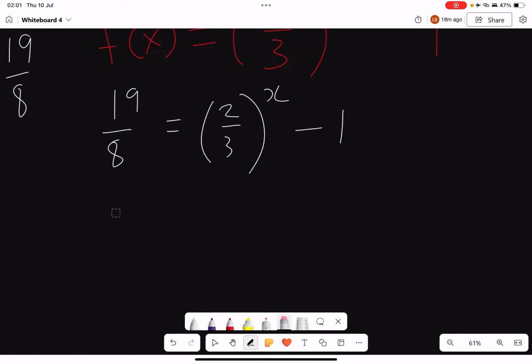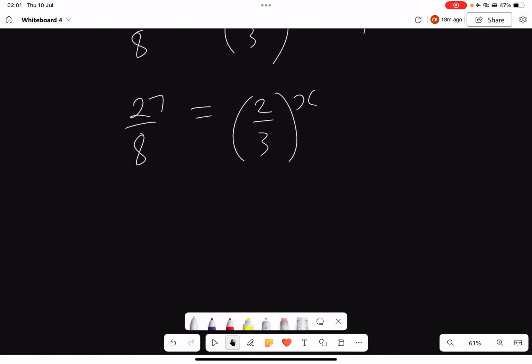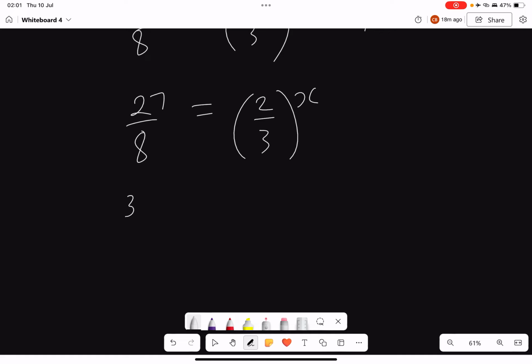So that gives us 27/8. And on this side we get (2/3) to the power x. Then we know that 27 is 3 to the power 3, and 8 is 2 to the power 3, which is equal to (2/3) to the power of x. All right?